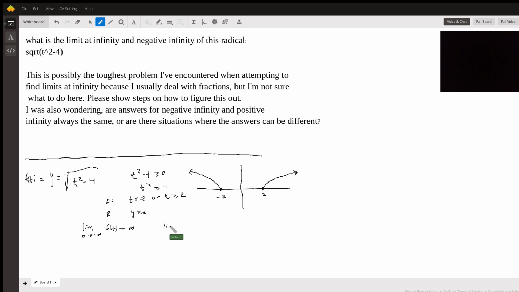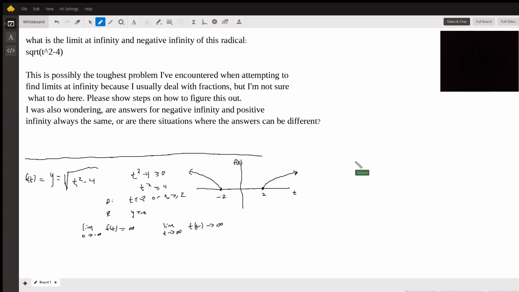And the limit as t approaches positive infinity, so as t gets bigger and bigger here, f of t gets higher and higher, so f of t approaches infinity. And that's all there is.